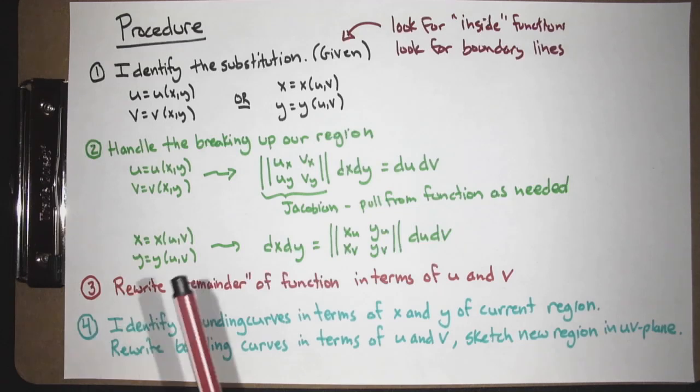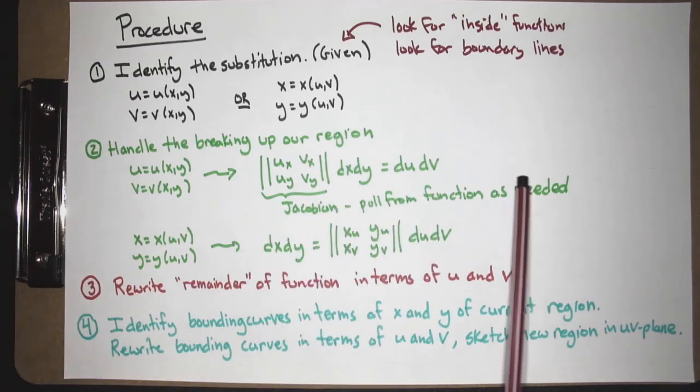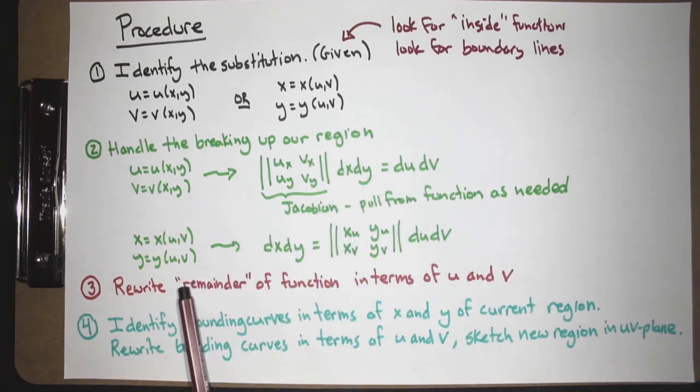Now, after you've handled your Jacobian, you may have grabbed a part of your function. So whatever's left, express that in terms of u and v. So you rewrite it in terms of your new variables. The last thing are your bounds. So what do you do? You say, I know my region.